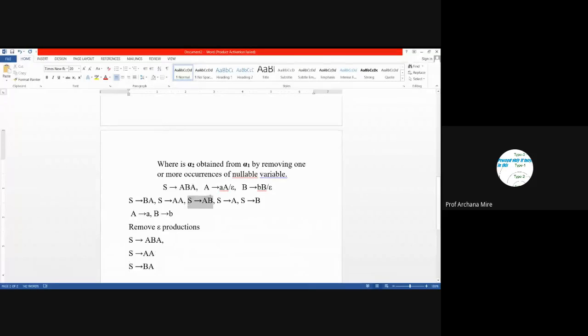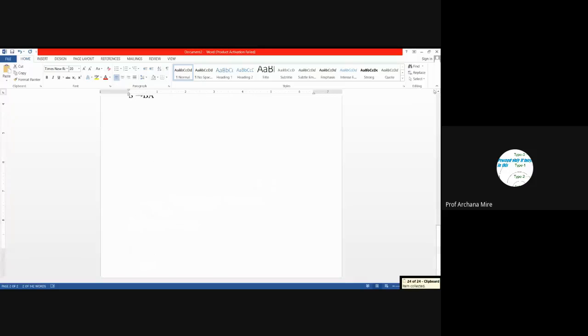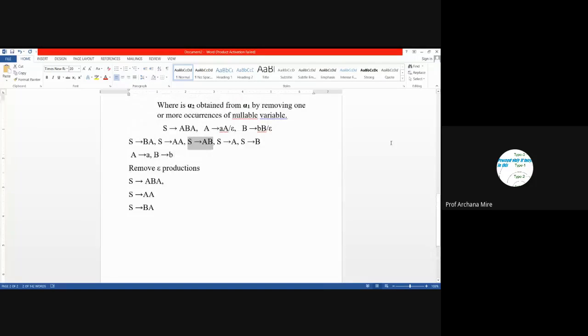So we are grouping all production rules which start from the starting symbol S in one place. Then S leading to A. Then S leading to B. Now all production rules of S have been inserted in the new set of grammar.